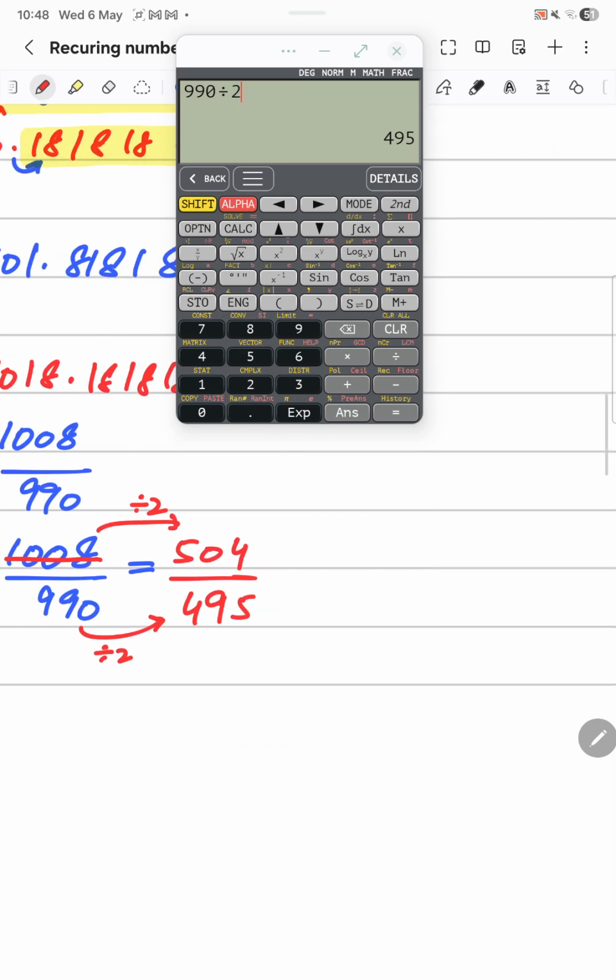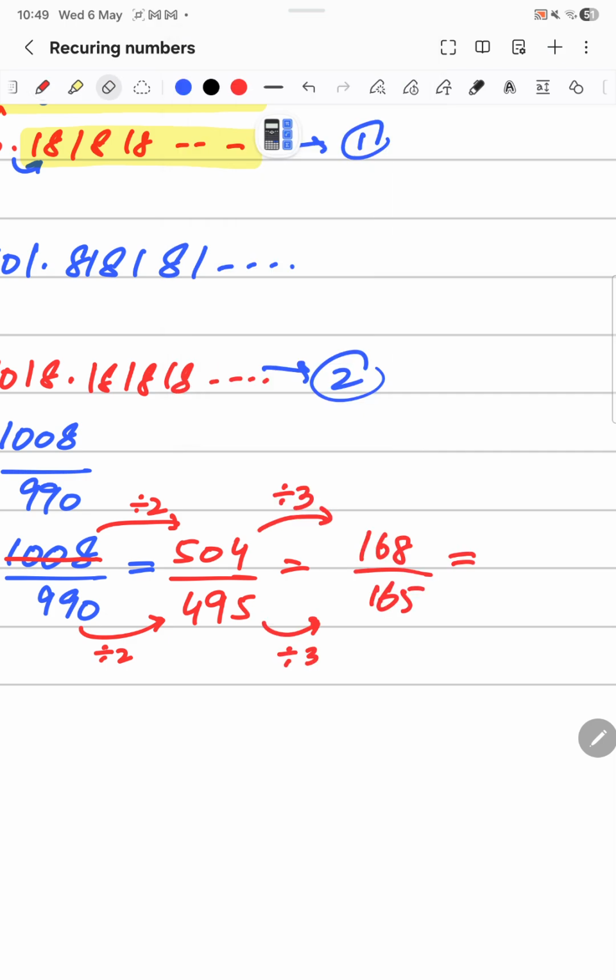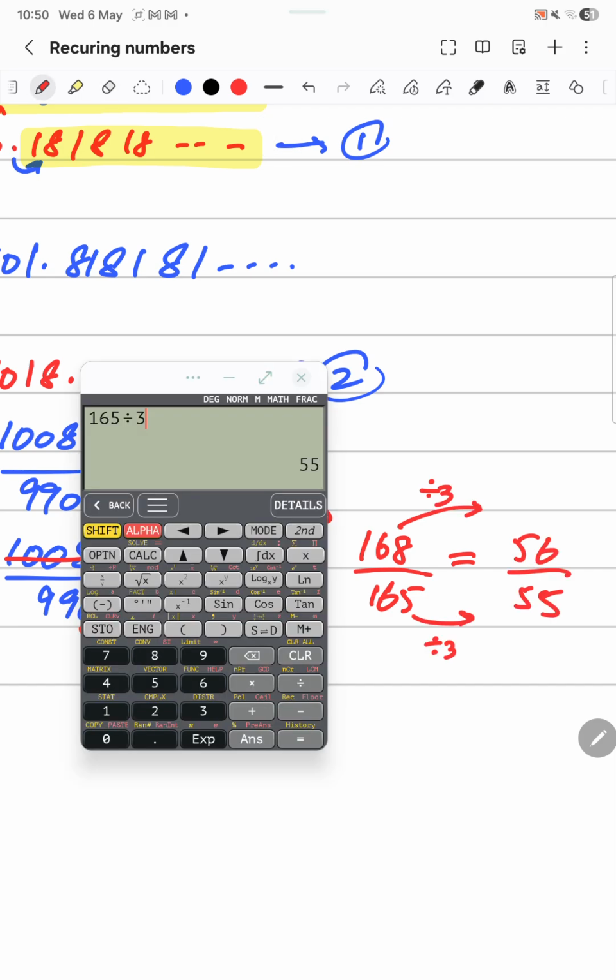If you divide by 3 up and down again, you will get 168 over 165. And if you divide by 3 again, you will get the required answer. Thank you.